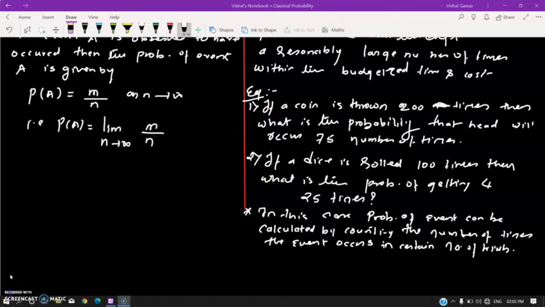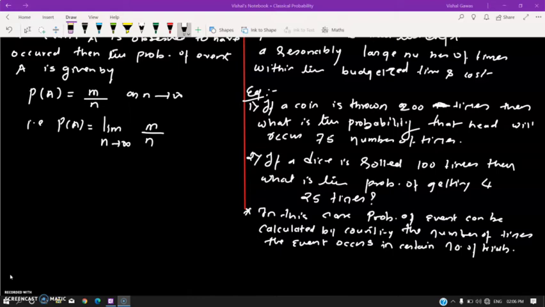What empirical probability does is provide validity to the classical theory of probability. For example, if I take an unbiased coin and toss it at random just one time, then the probability of getting head is exactly half.